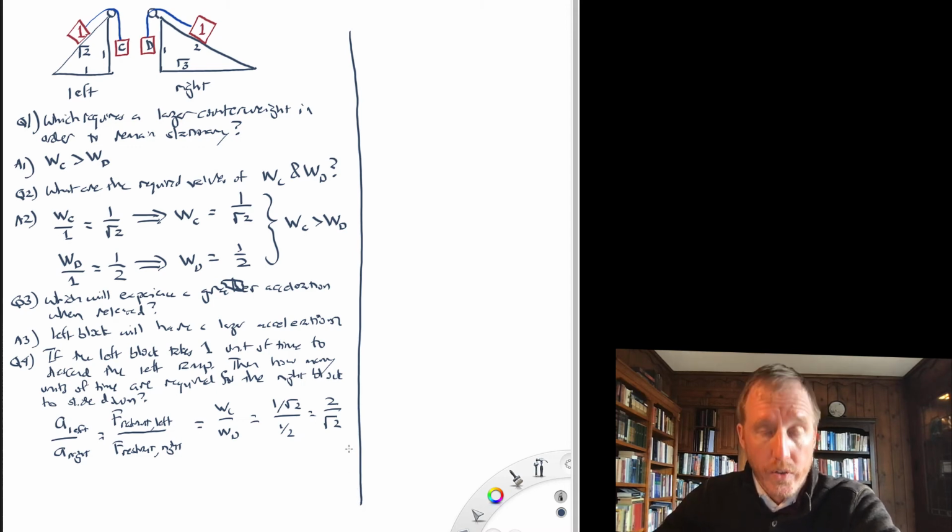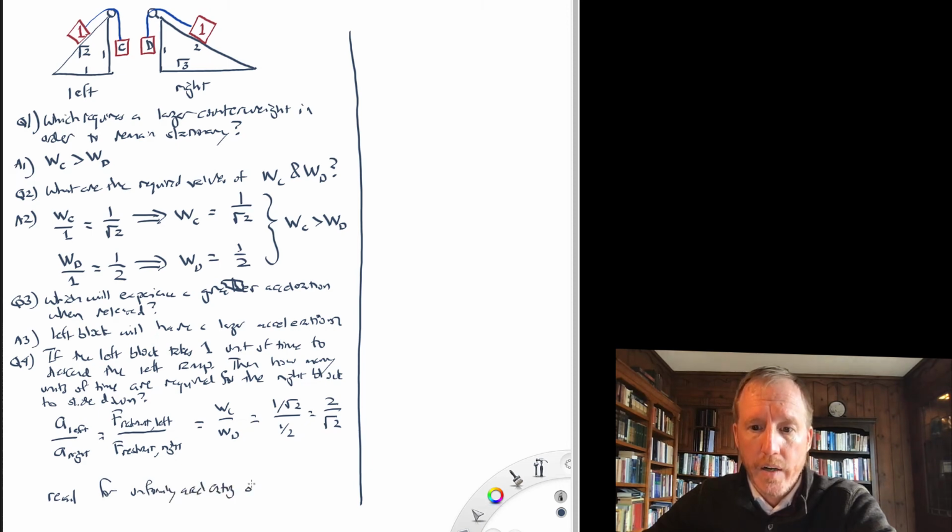Well, we do also know a formula for the relationship between the distance an object moves, its acceleration, and the time. So recall that for a uniformly accelerating object, the distance that it moves is equal to 1/2 the acceleration it feels times the time squared, right?